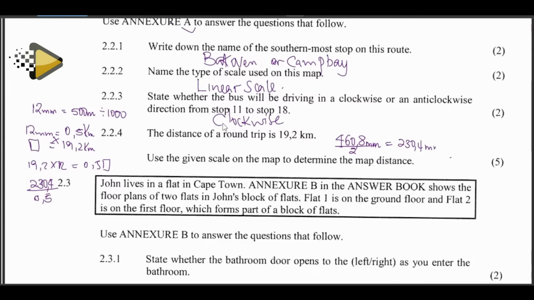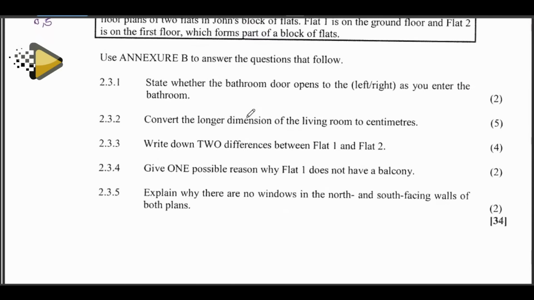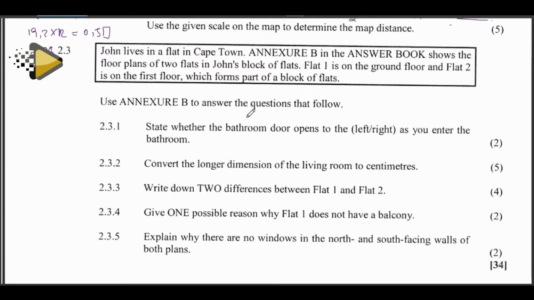These are millimeters. In actual sense, it becomes 23 centimeters. But it's fine, even though you got 460,8, it's a round trip. Let's look at question number 2.3.